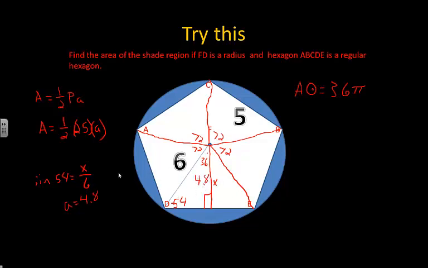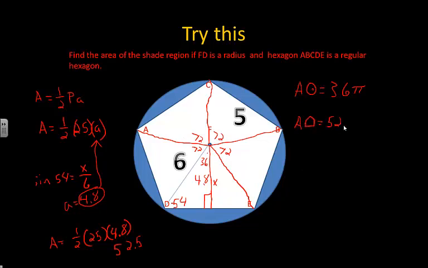So now I'm going to put my apothem, which is 4.8, back into the original equation, and I'm going to have area equals 1/2 of 25 times 4.8, which then is going to give me 52.5. So I know that the area of the polygon is 52.5. So let's put area of polygon equals 52.5.